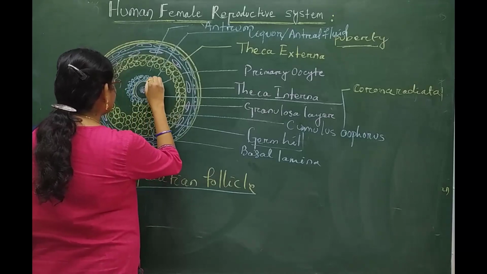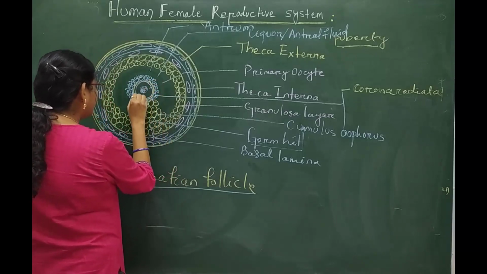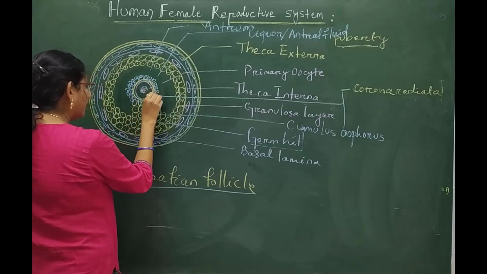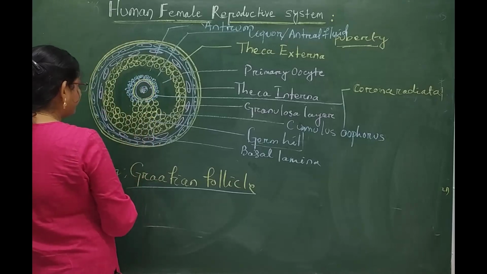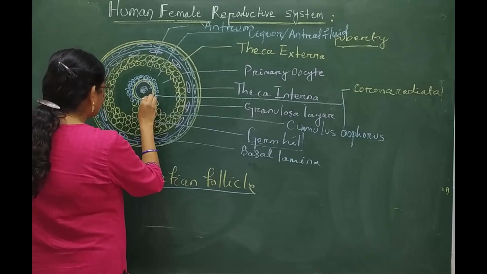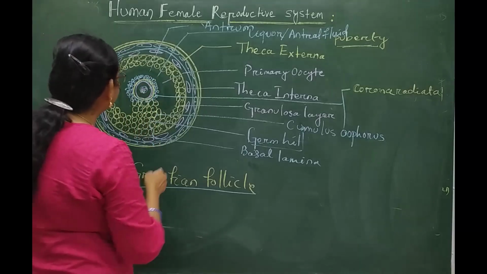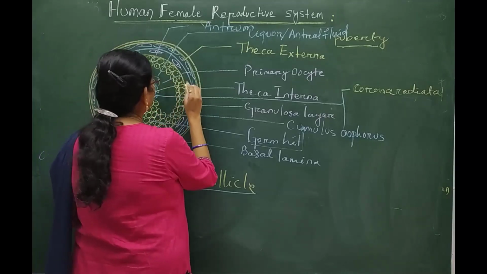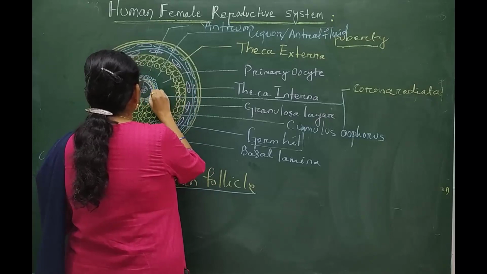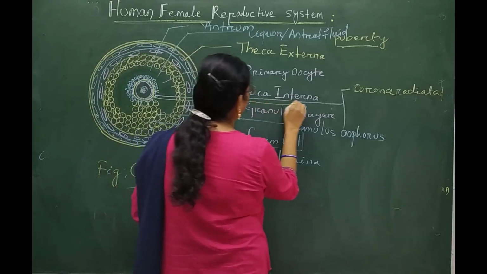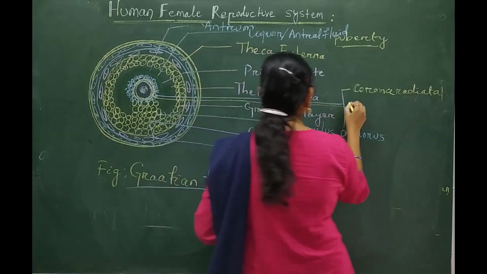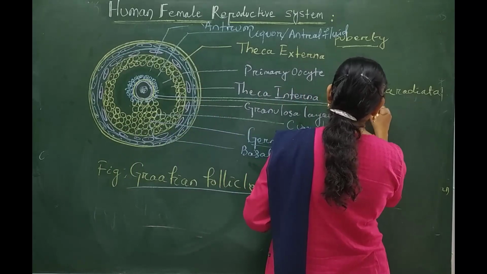Inner to this corona radiata, I am coloring it with yellow, another layer is called zona pellucida.